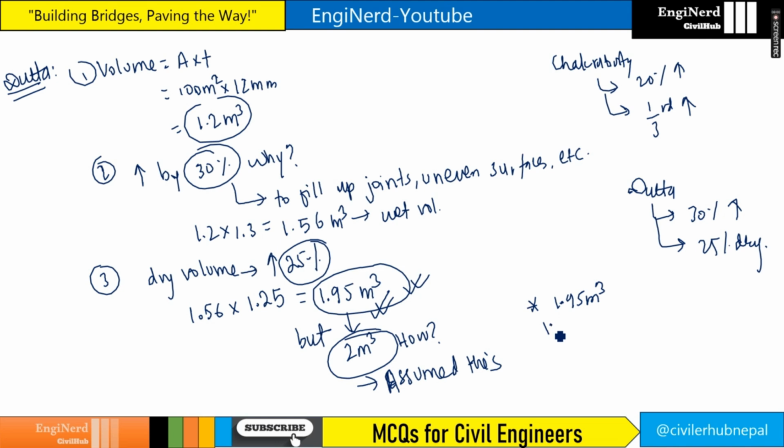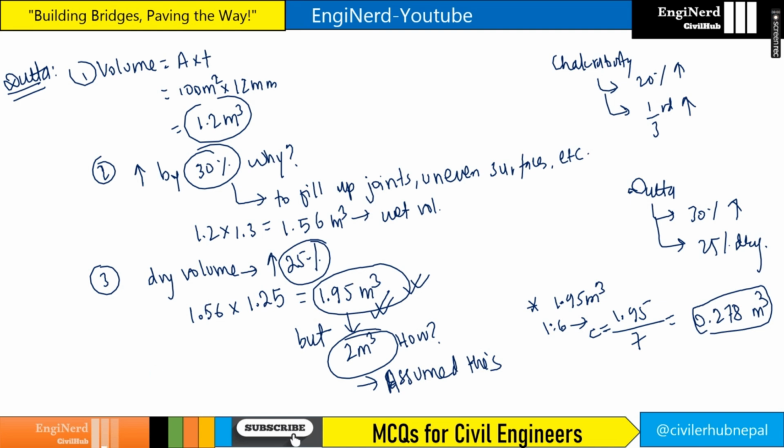So if we need to calculate for 1:6, cement equals 1.95 by 7. If we calculate 1.95 divided by 7, the answer is 0.278 meter cube.